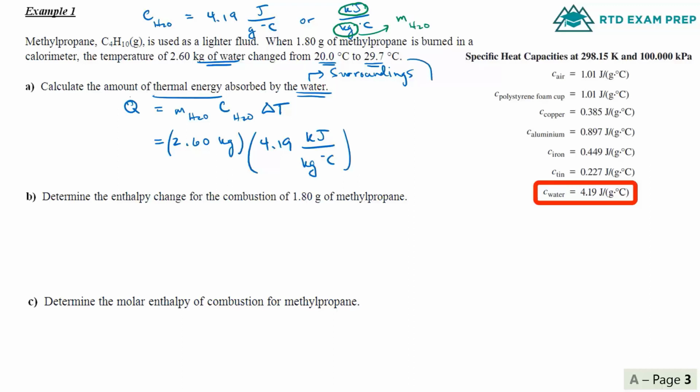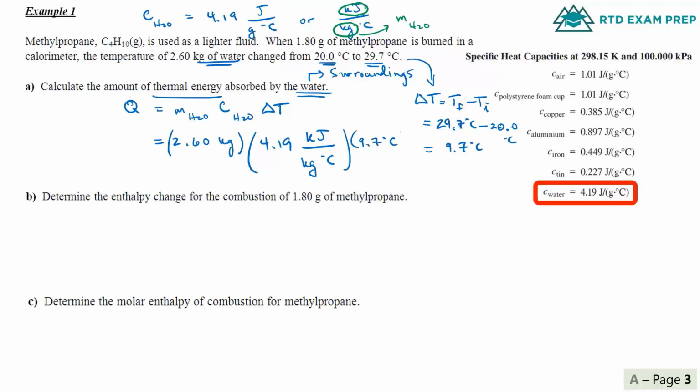Don't forget that the way we calculate our delta T is our final temperature minus our initial temperature, and in this case it is 29.7 degrees Celsius minus 20.0, which gives us 9.7 degrees Celsius. So that's what goes in for delta T, 9.7 degrees Celsius.